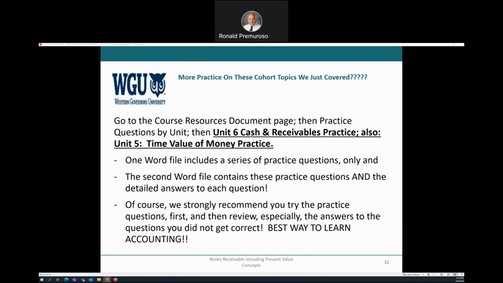Also go to Unit 5, Time Value of Money Practice, because a few minutes ago we went through a formula that came from the Unit 5 Time Value of Money Practice to calculate the interest rate on that transaction. From both of these, you can download 2 Word files and save them to your hard drive.